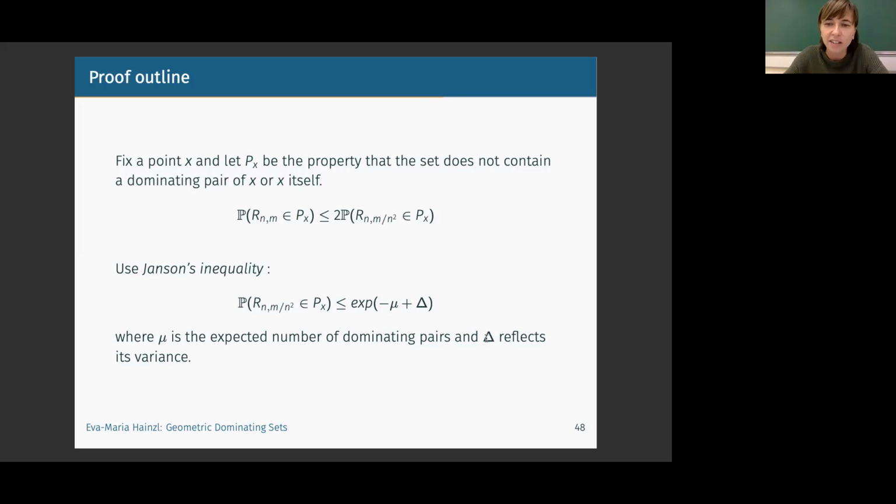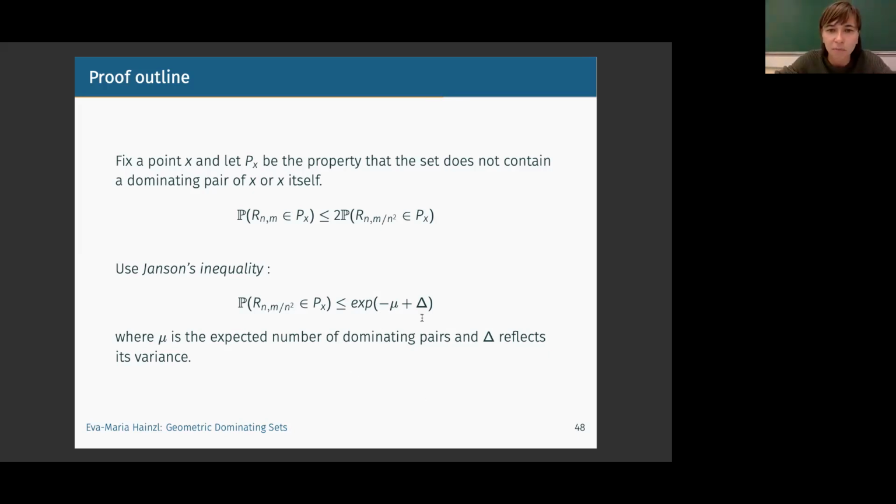That is, delta is actually an upper bound on the variance of the number of dominating pairs. And so here comes the dependence of events into this game. If the events were independent, then delta would just be 0, and then we would just have e to the minus mu, which is essentially the thing that I've shown you before, like this upper bound that Guy and Kelly came up with.